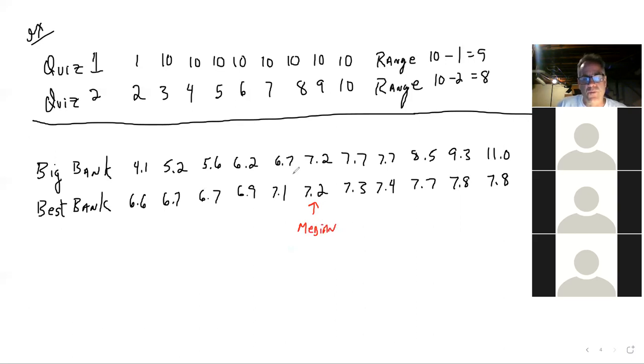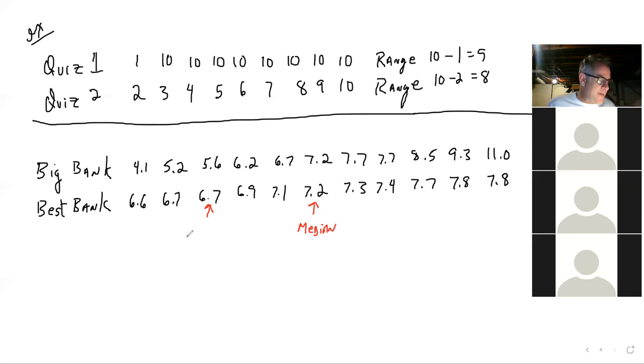Now what I'm going to do, if it's an odd data set, then that divides this into a lower 5 and an upper 5. For that lower 5, I'm going to find the median of the lower 5 pieces of data in each case.